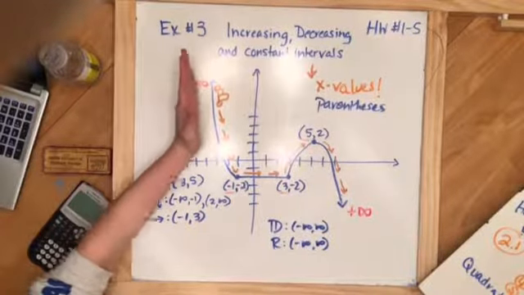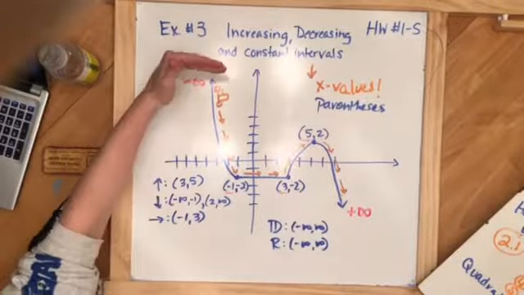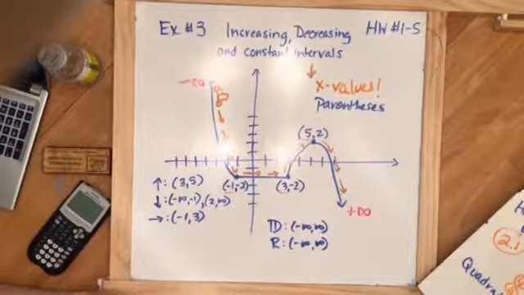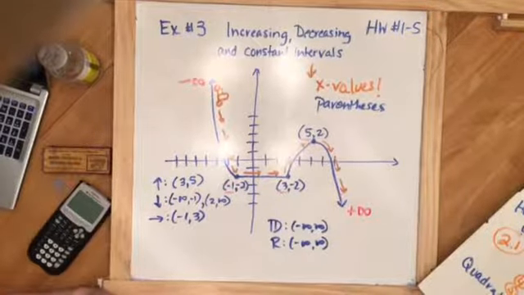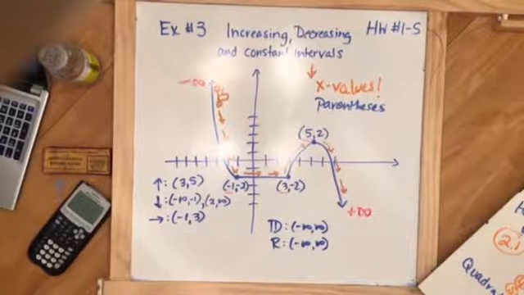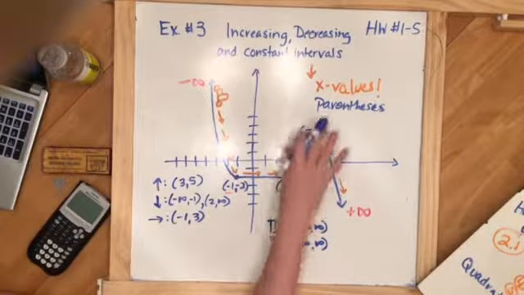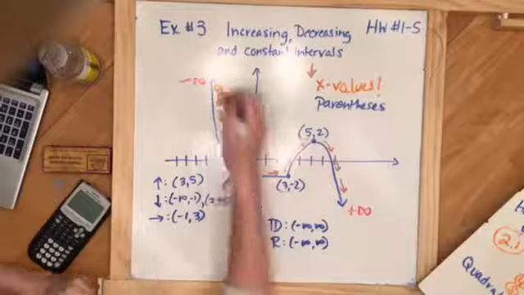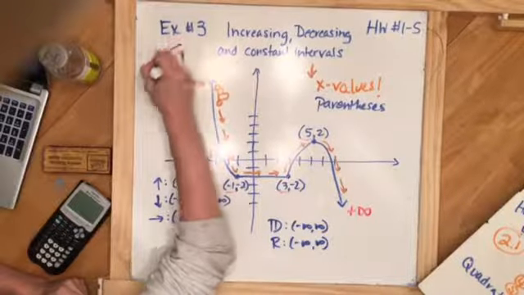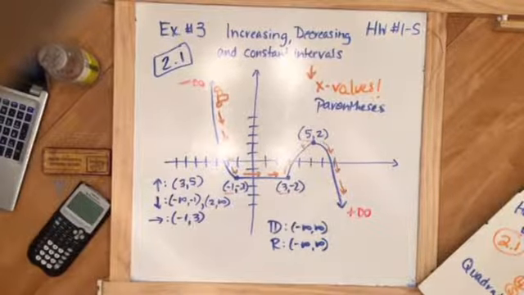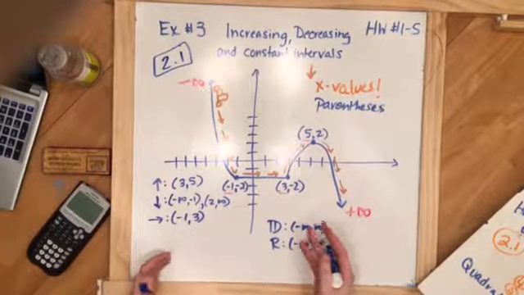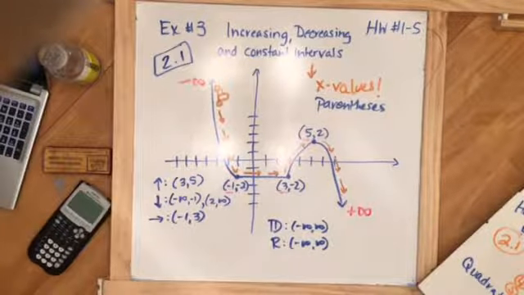So that would end the domain at that x value, and it would end the range at the corresponding y value there. Excuse me. So you should be able to go into section 2.1 homework and do numbers 1 through 5, and then the end of that homework, remember, is 6 through 8, and that was on the piecewise functions.